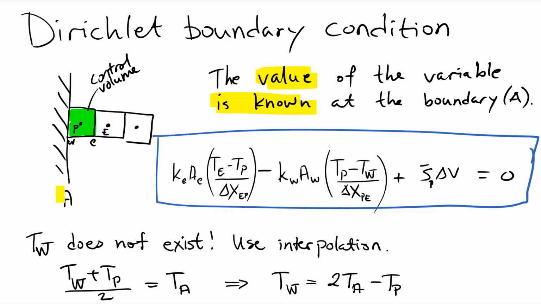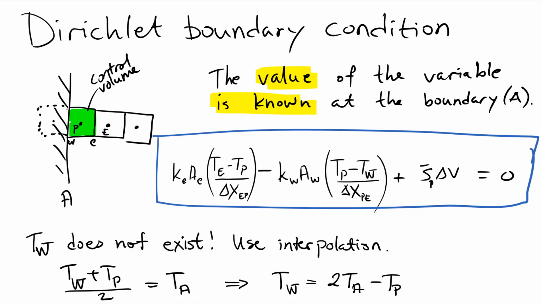So for instance, if it's temperature, we could say that the temperature is 500 kelvins at the wall. And one interesting thing here is that for our interpolations, you can imagine that we have an imaginary control volume here on the outside of the wall. It doesn't exist because we're only solving for the interior cells, right?